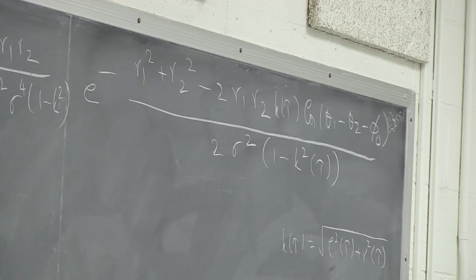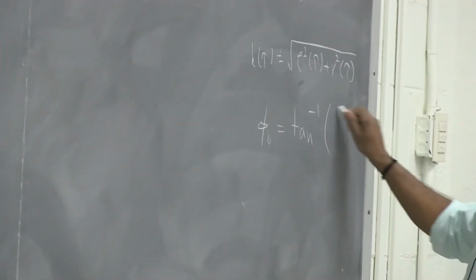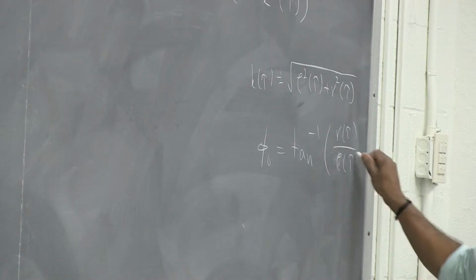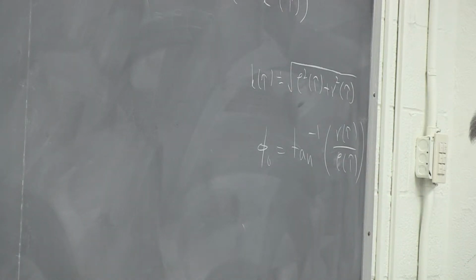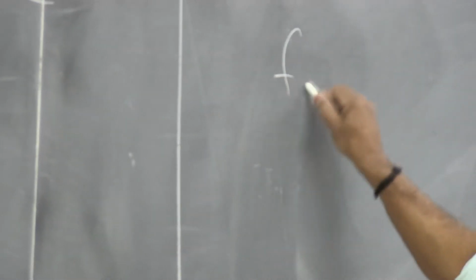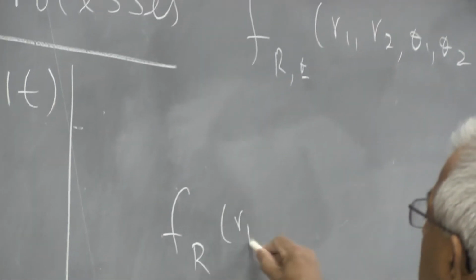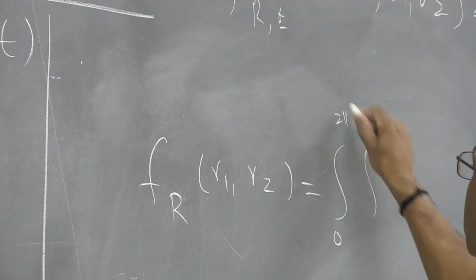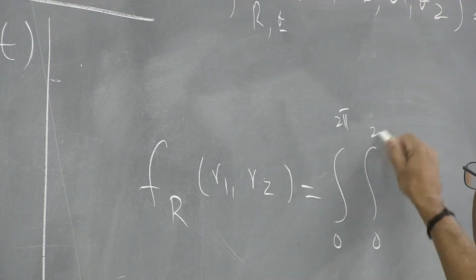And theta naught is, of course, the arctan of gamma of tau over rho of tau. From here, the next job is to find the joint density function of R1 and R2. That's easy because you just have to integrate out over theta 1 and theta 2.